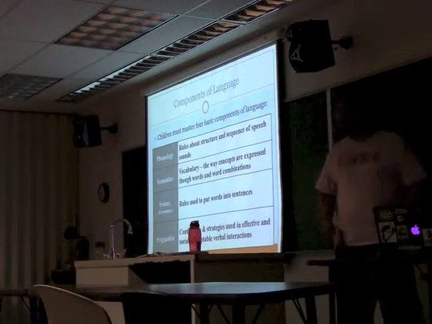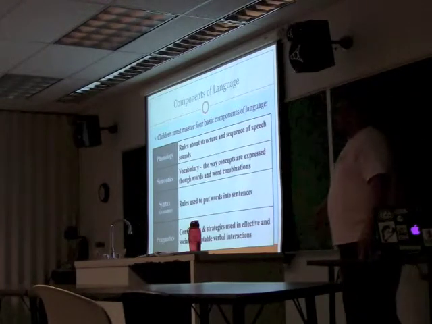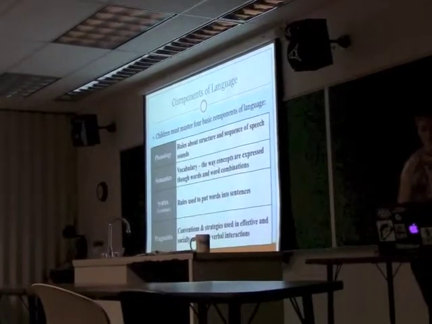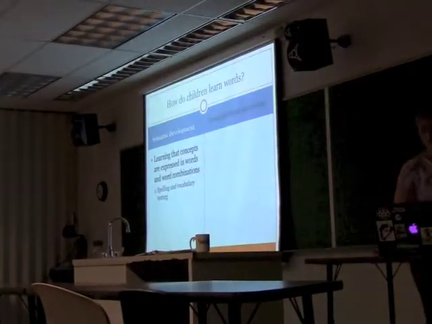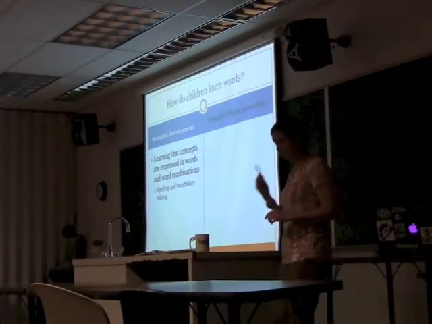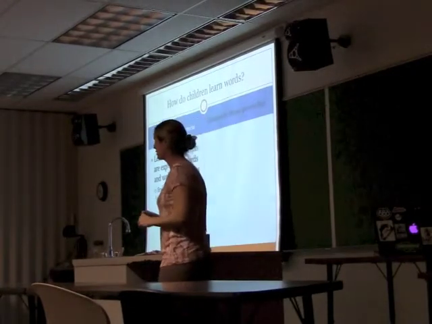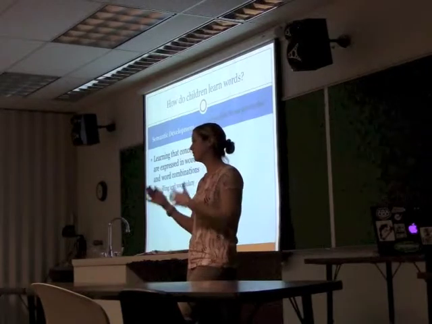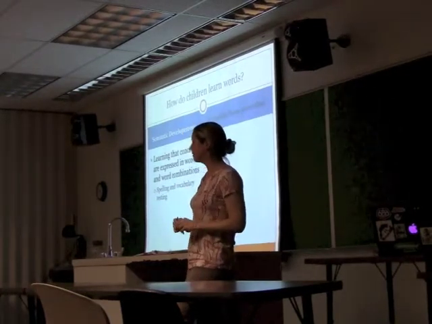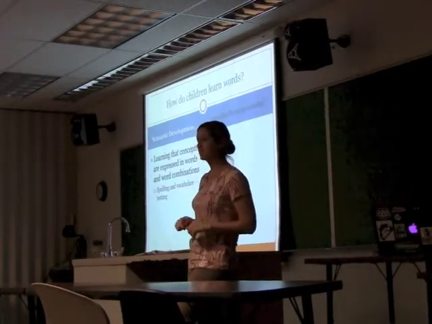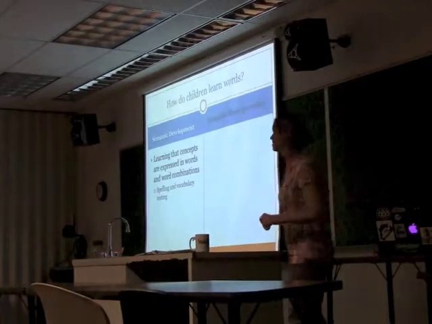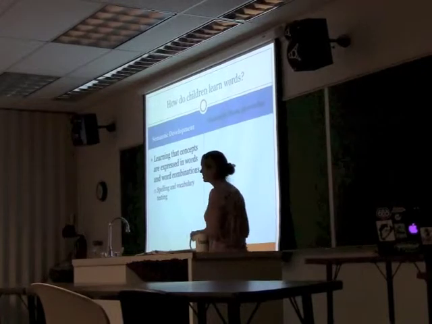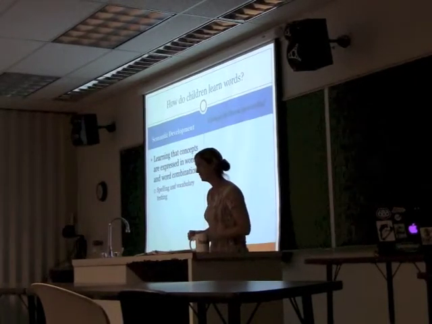So now we're going to get to the YouTube video. What I want to do next is talk a little bit more specifically about how children learn words, so semantic development. I wish we had time to go over the development of all four areas, but we're going to focus here just on semantics. The reason is because this is the one that's most often assessed in school settings, right?